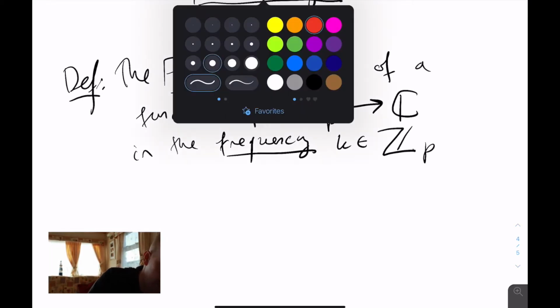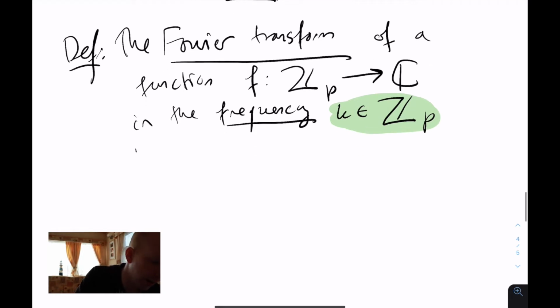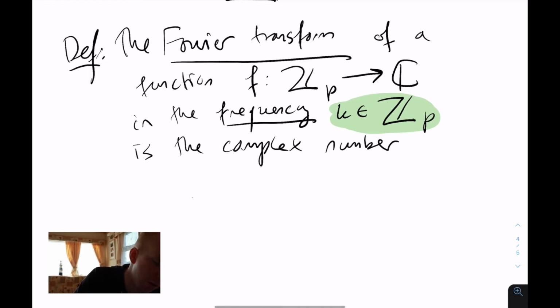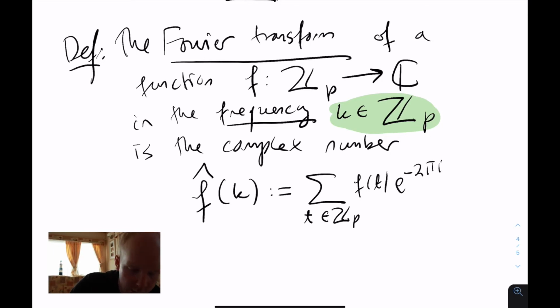So that's an important distinction. It's only that these points in ZP give the complex number f hat k, and we define it to be just this summation over t in ZP of f of t and e to the power minus 2 pi i k t over p.